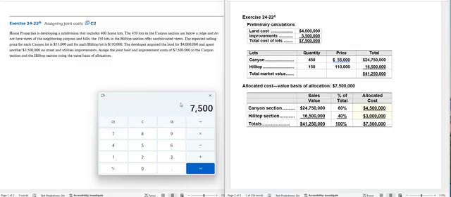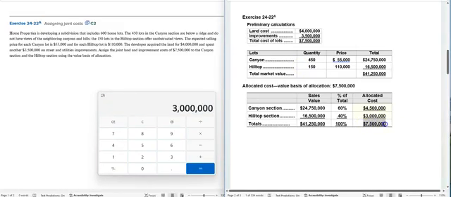So joint cost is $7.5 million, 60% or $4.5 million will go to canyon, and the other 40% will go to Hilltop. Right, so now we have a way to allocate the $7.5 million of cost incurred to buy and develop the land that they will ultimately be able to sell as Hilltop and Canyon lots.